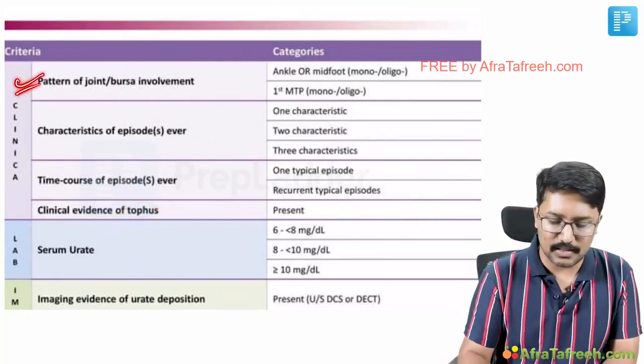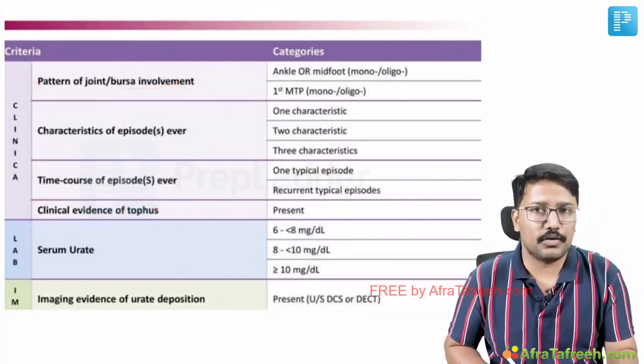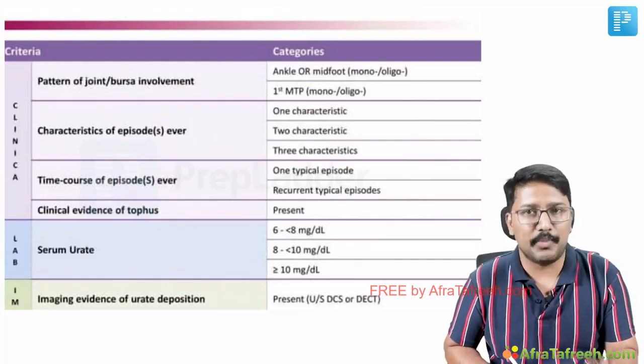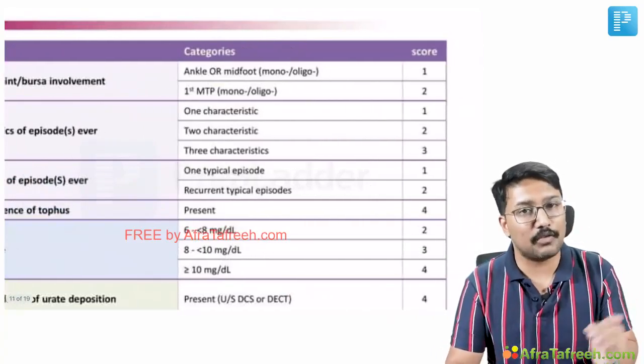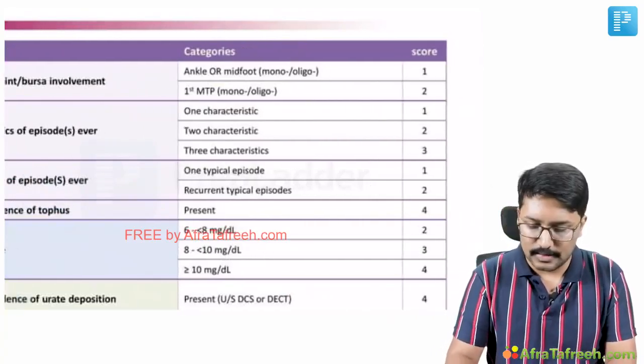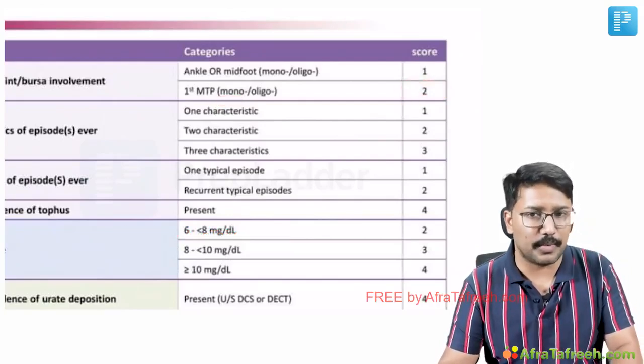So first let us address this pattern of joint or bursa involvement, right? As I've already told you, the most common site is MTP involvement, first MTP involvement, that is characteristic. So if there is first MTP involvement as part of monoarthritis or as part of oligoarthritis, in that case, we are giving a substantial score to the patient on the clinical domain, right?